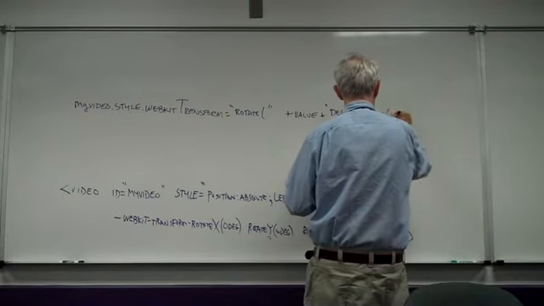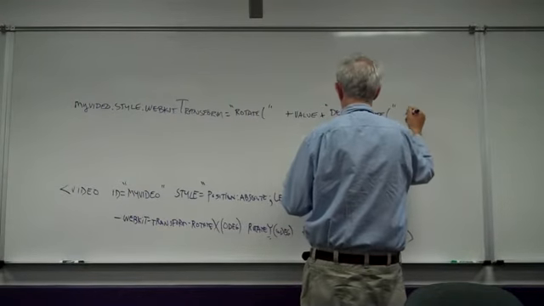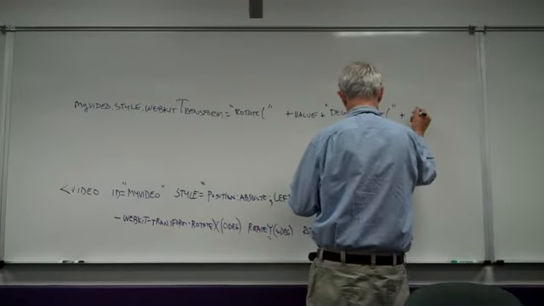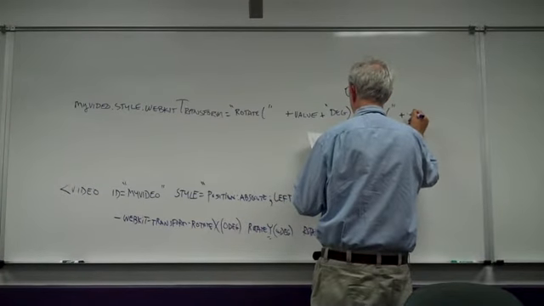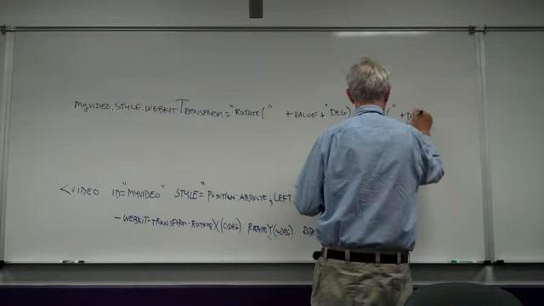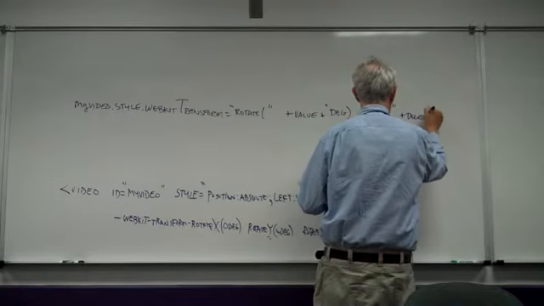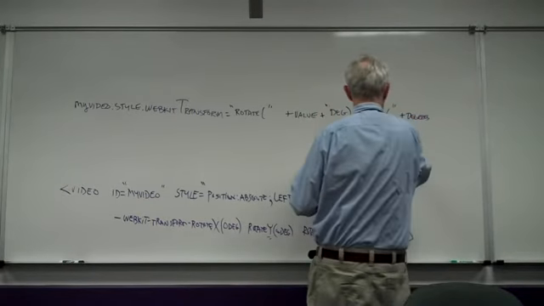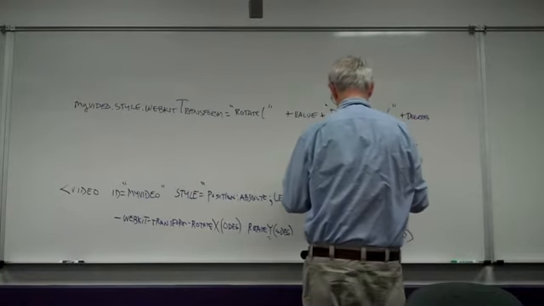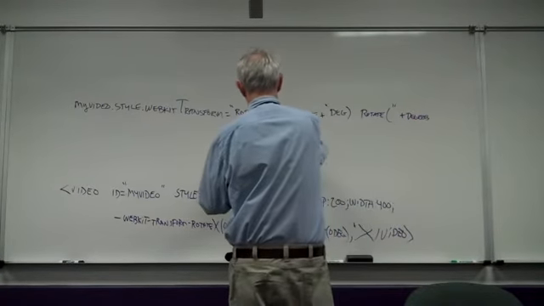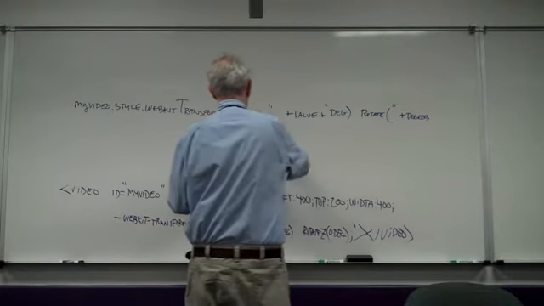Then it closes. Then there's a space, and then it says rotate. Then it goes like this, closes, and then it says plus degrees, which is a different number than that one, because you want to rotate over one axis different than the other. Make sure I got my stuff here now. Take the X now, I missed it.